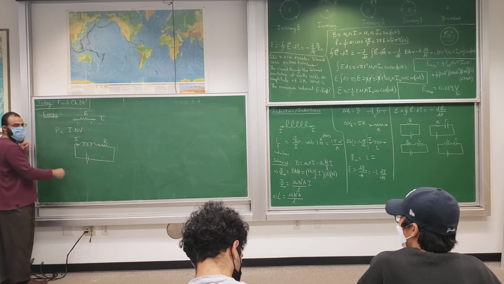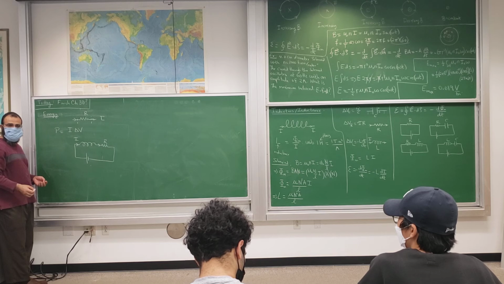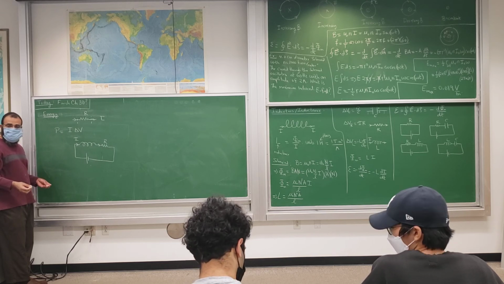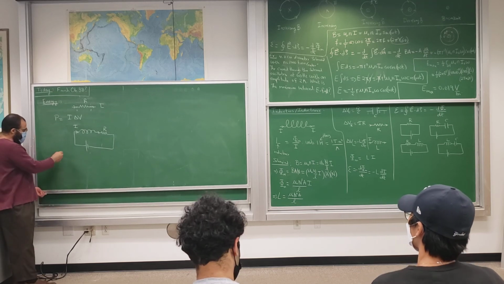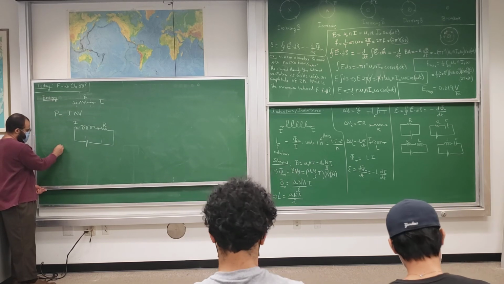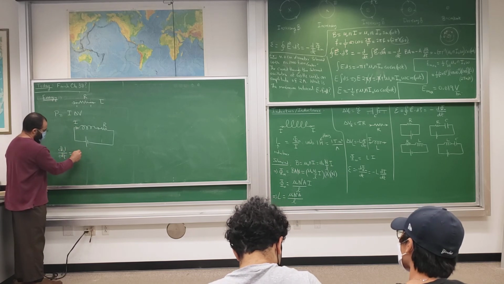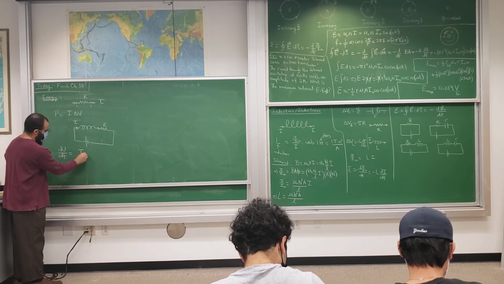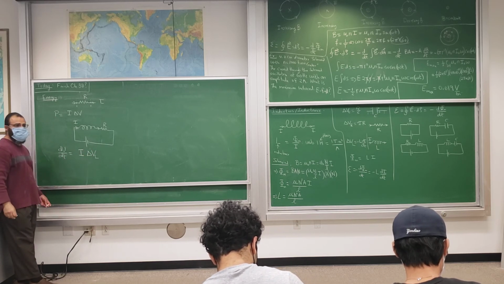The question is, how much energy will be stored in this inductor? Just like in a capacitor, it was 1/2 CV squared. So the energy, dU/dt, is I times delta V on the inductor, right?